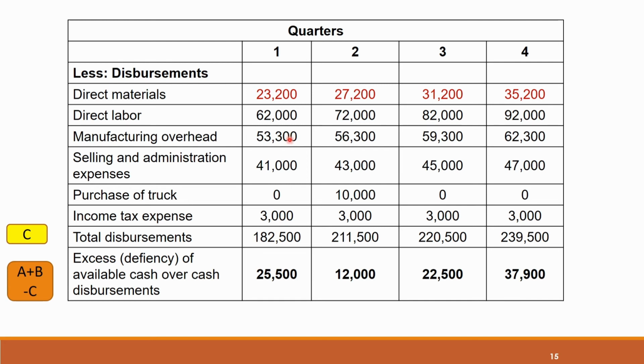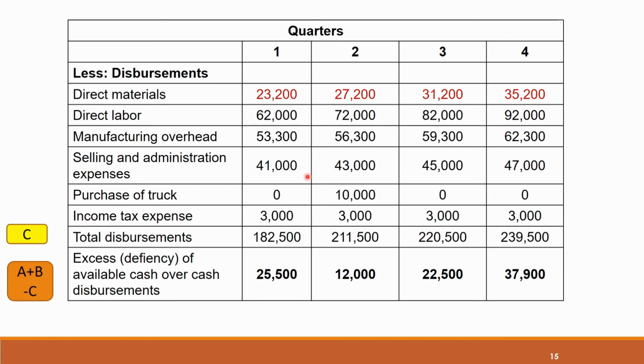The third item, manufacturing overhead. The first column, the first quarter, 53,300. The second one, 56,300. The third one, 59,300. And the fourth one, 62,300, given in the question.